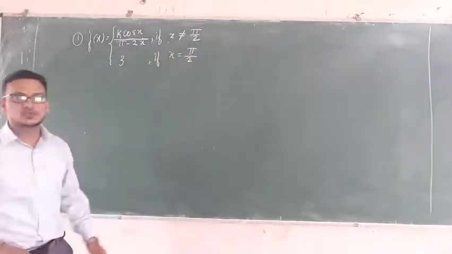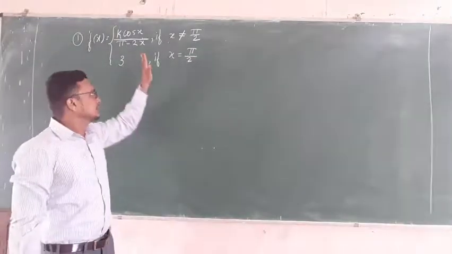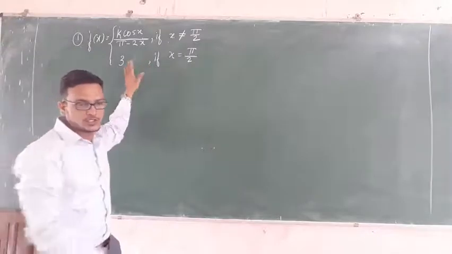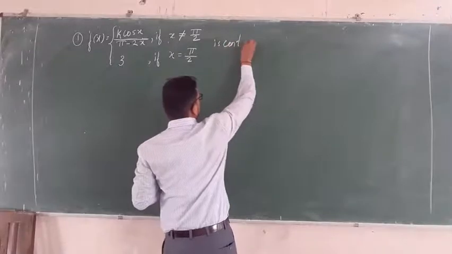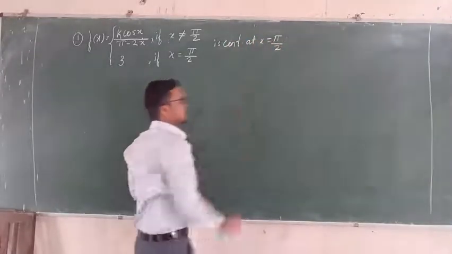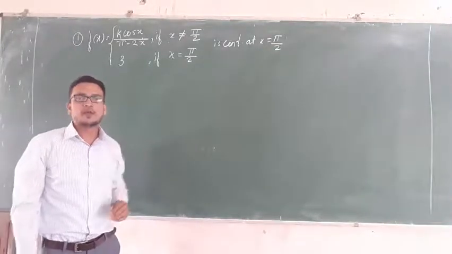The question is: this function is continuous at x is equal to pi by 2, then find the value of k.